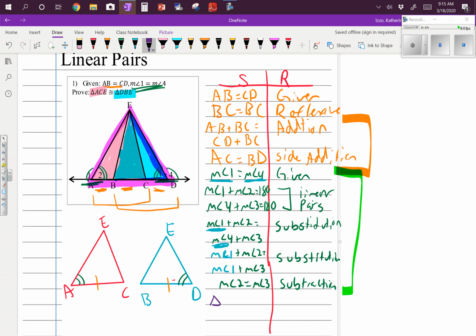Okay. So triangle AED is isosceles. And how do we know that? Because two angles are equal.